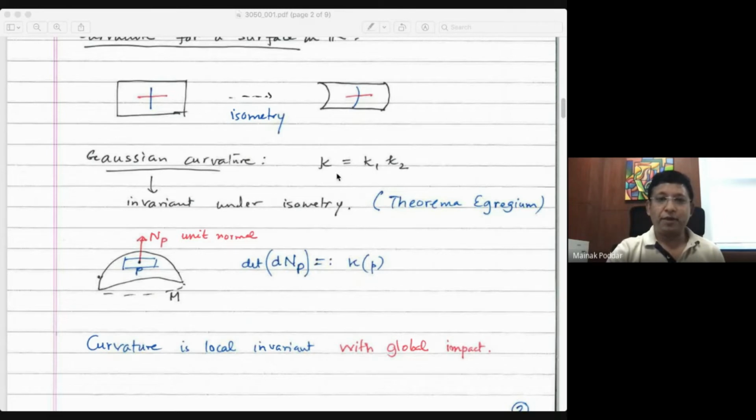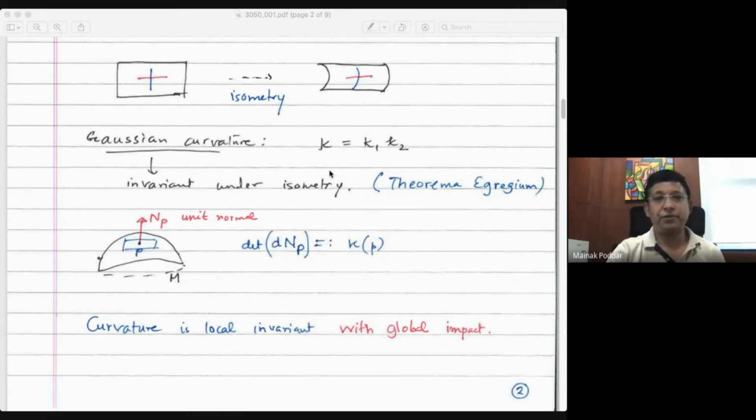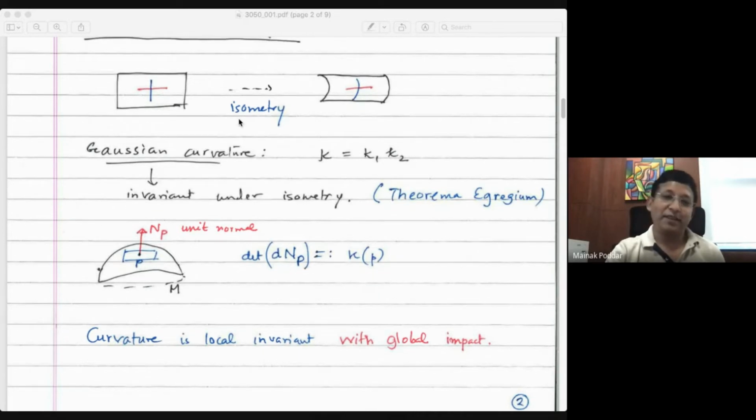This product is called the Gauss curvature, or Gaussian curvature, of a surface. And this is a famous result called the Theorema Egregium, or surprising theorem: that this does not depend on the embedding. It only depends on the metric.